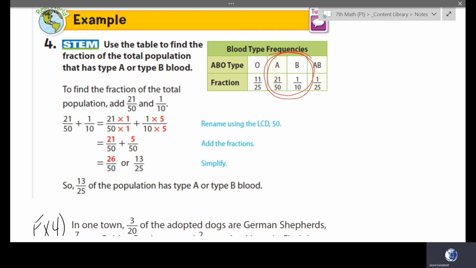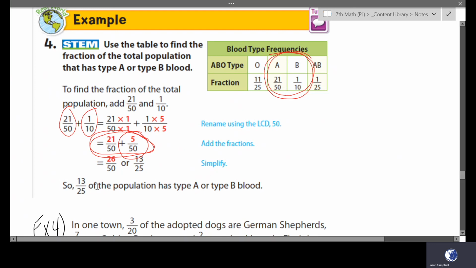So they're going to get a common denominator of 50. The 21/50 comes down, and the 1/10 turns into 5/50. 21 and 5 make 26, and the denominator stays the same, so 26/50, which can be reduced to 13/25. So 13/25 of the population has type A or type B blood.